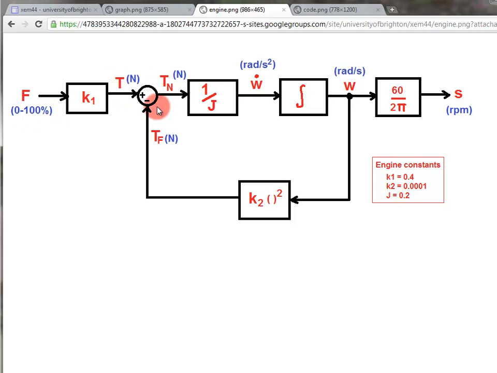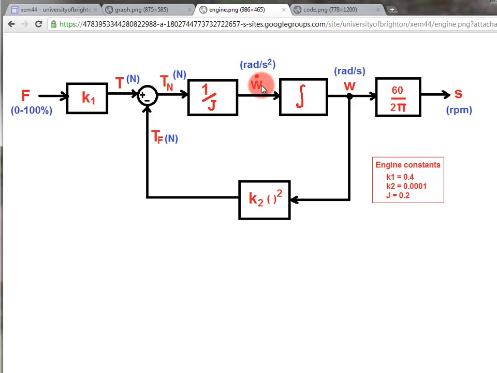We then have the engine here. This is the inertia. J is the inertia in kilogram meter squared. Omega dot is the engine acceleration in radians per second squared. Omega is the speed of the engine in radians per second. So to go from acceleration to velocity, we simply integrate.